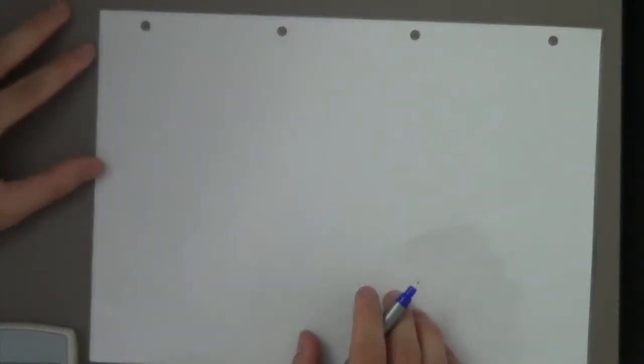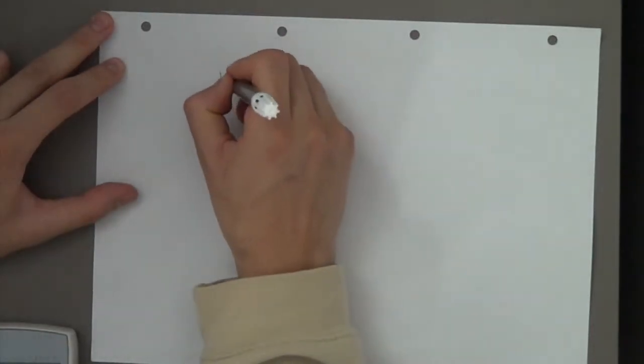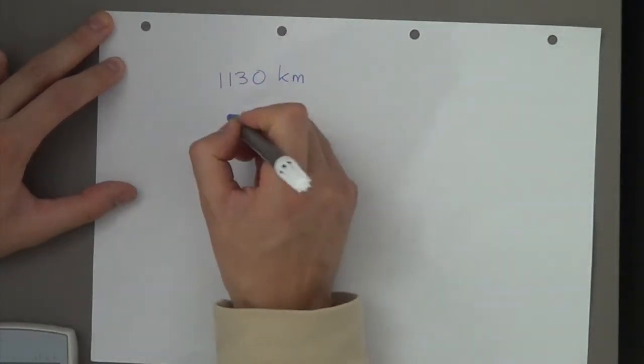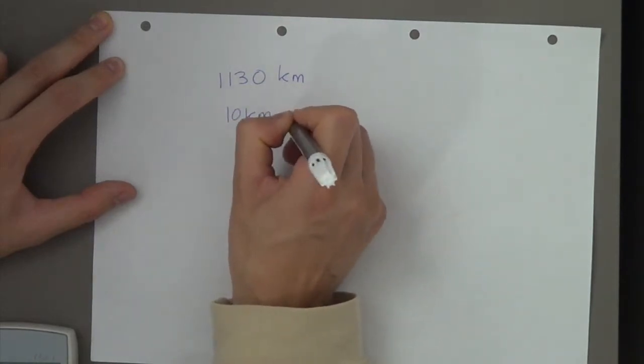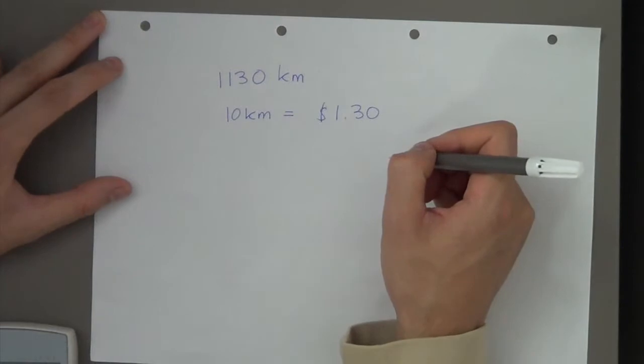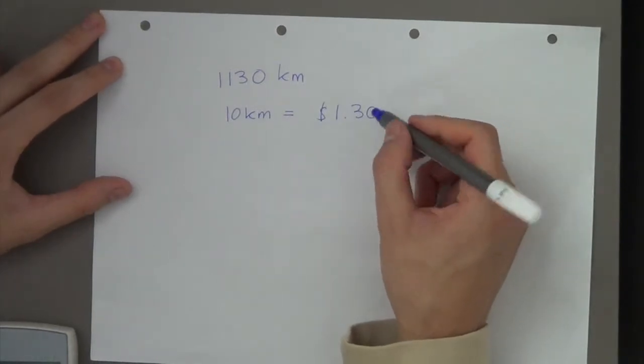Okay, next question. So this time it says the car used fuel at an average rate of 1 litre for every 10 kilometers. So if we now know that he travelled 1,130 kilometers, and for every 10 kilometers it costs him $1.30, or sorry, cents.